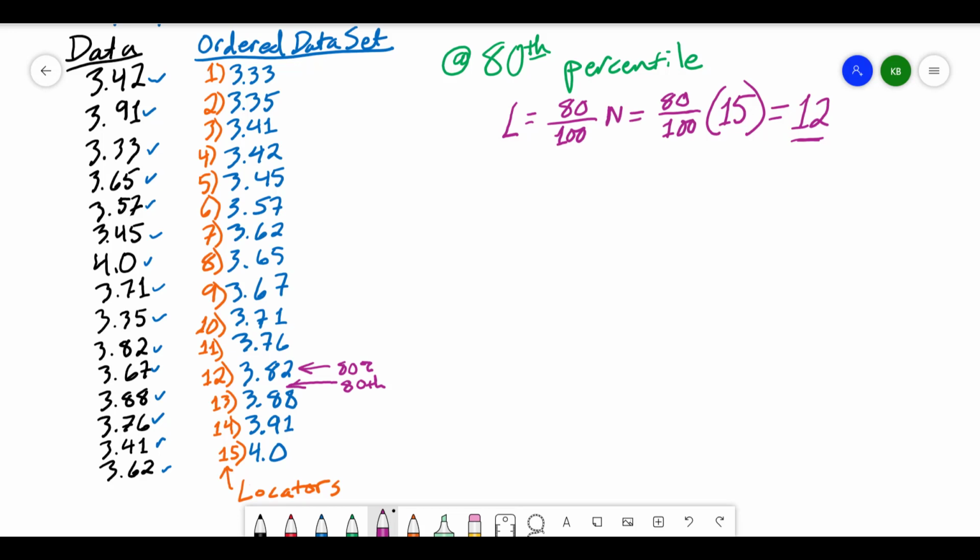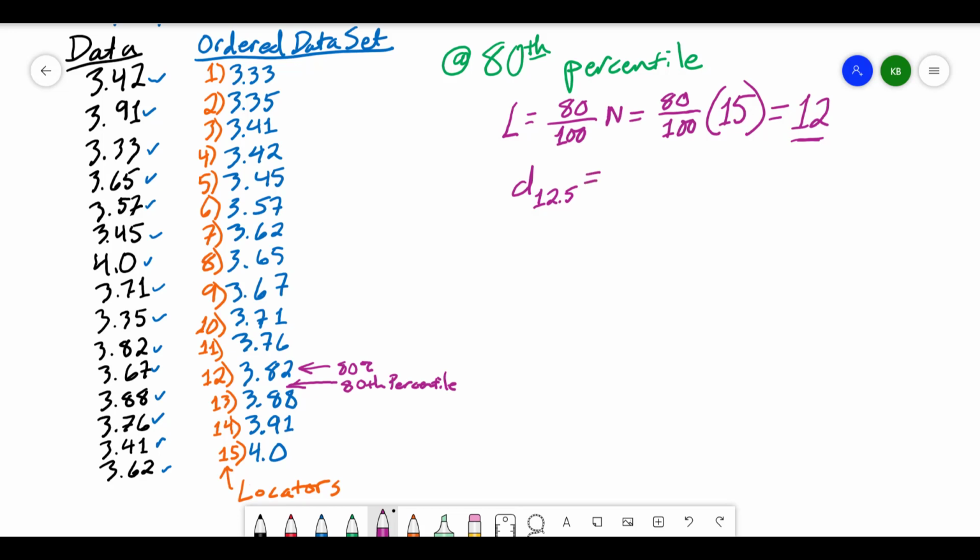So the 12th value is truly less than my 80th percentile. So the common way we do that is we say that we want to find the 12.5 value. So what we're trying to find is data point 12.5.